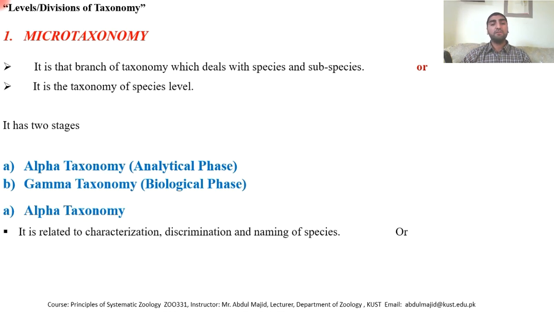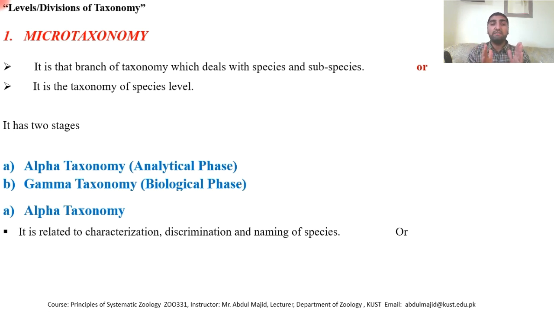It is related to characterization, discrimination, and naming of species. Later on, we will take a proper example, but let me clear it at this point: if you have species but they are unknown, you don't know what taxa or what categories they belong to, what you do is study their characters, and on the basis of those characteristics you discriminate them from each other, and then you name them.